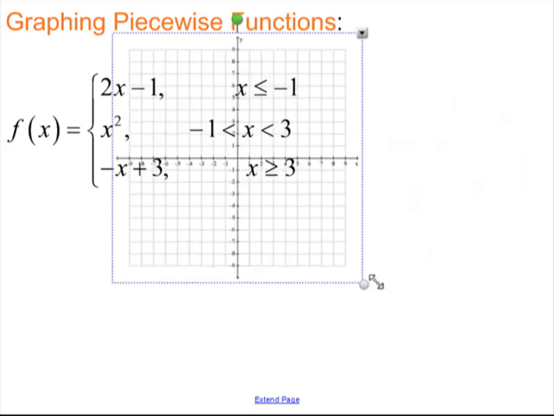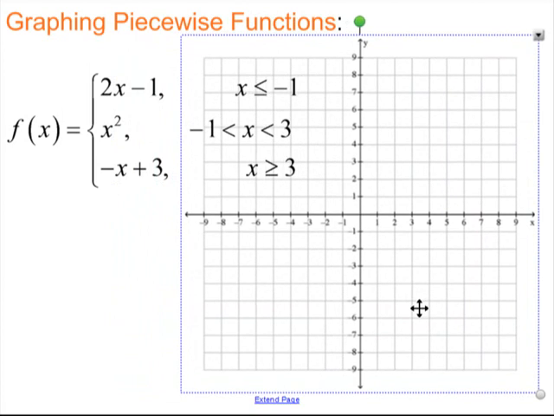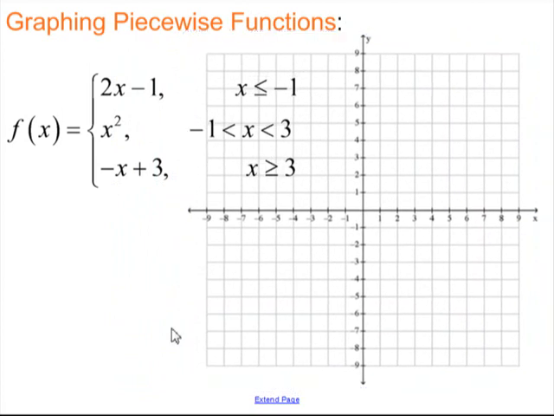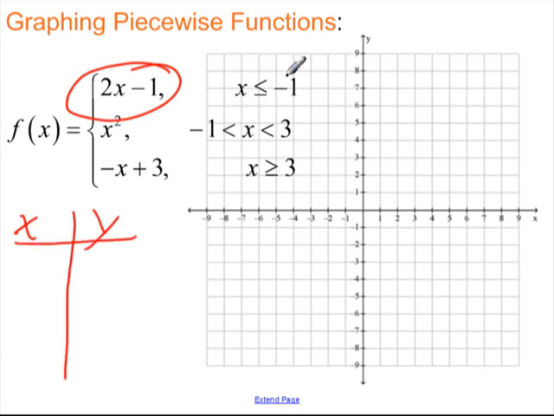So to graph it, I'm just going to make that a little bigger so you can see it. I hope that doesn't get too messy. I need to find some points in each of those regions. So it's going to be 2x minus 1, but only when x values are less than or equal to -1. So you might need to pick a few values in that region. Maybe if x is -3, that's 2 times -3, -6, minus 1 is -7.